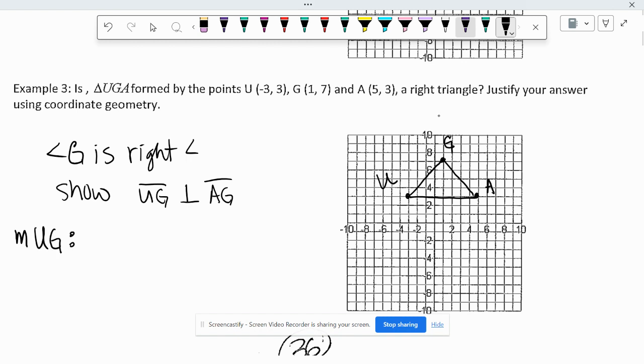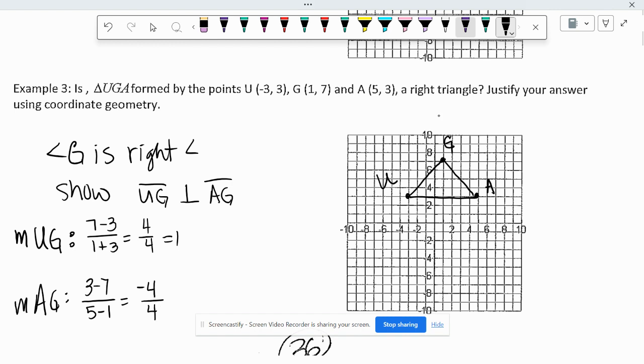With slope. So the slope of UG, 7 minus 3 over 1 plus 3. Well, that equals 4 over 4, which is 1. The slope of AG, let's see. So 3 minus 7 over 5 minus 1. So 3 minus 7 is negative 4. 5 minus 1 is positive 4. That equals negative 1.